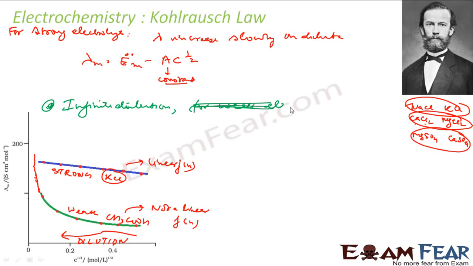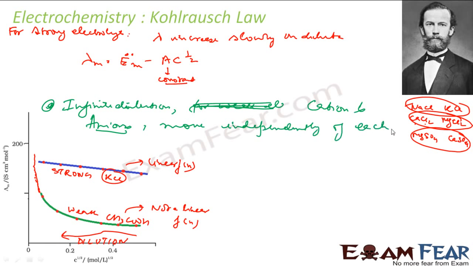At infinite dilution, since the solution is infinitely dilute, the cations and anions move independently of each other in the solution. And this idea was discovered by Kohlrausch in 1875. In 1875, he thought of this idea.